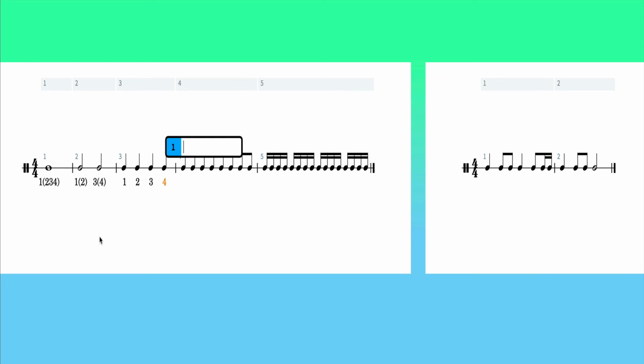So we would have 1 and 2 and 3 and 4 and. I'll get it. You'll get used to my bad typing after a while.